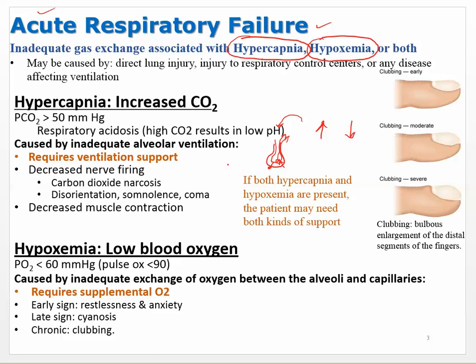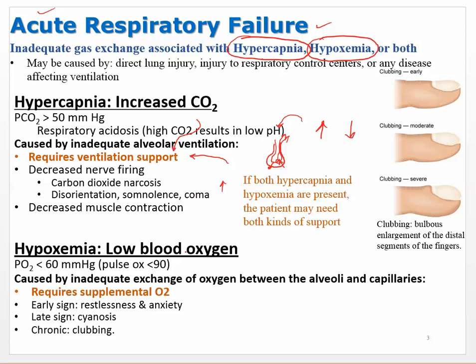One way to remedy that is to give ventilation support. It can come from decreased nerve firing, so carbon dioxide narcosis could result, with disorientation, somnolence, and coma just from the increase in CO2, and also decreased muscle contraction. So hypercapnia is usually associated with inadequate ventilation, so it's going to require ventilatory support.